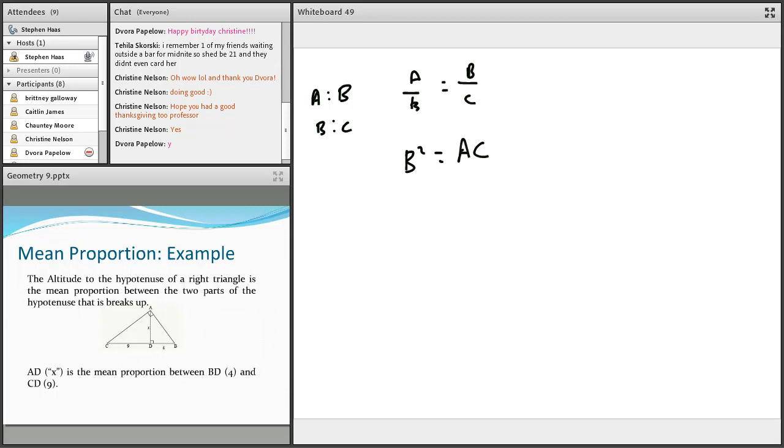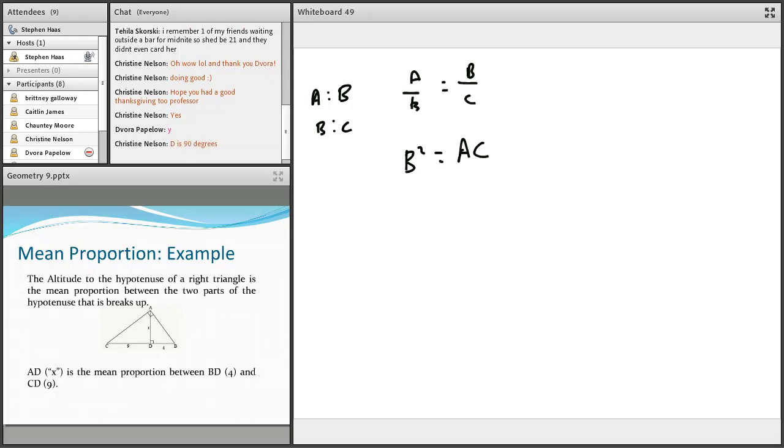So, in this example, ABC is a right triangle. By the way, how do you know that ABC is a right triangle? Just by looking at the diagram. Yes, exactly, there's that right angle marker. Well, not D actually. D is not the big triangle.